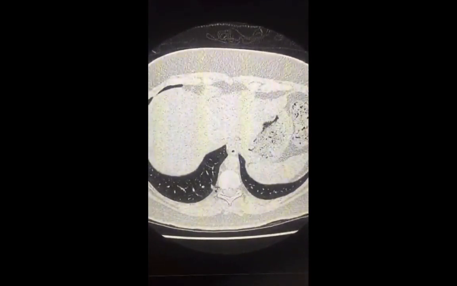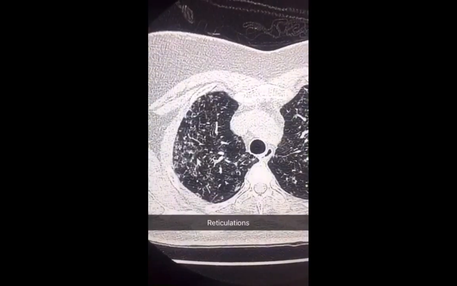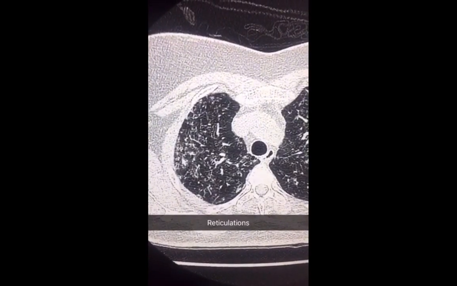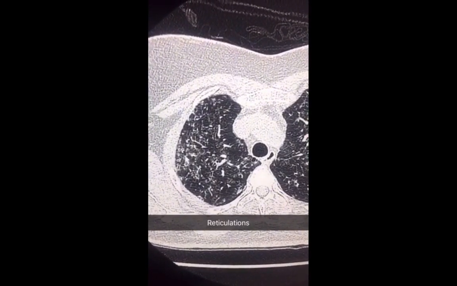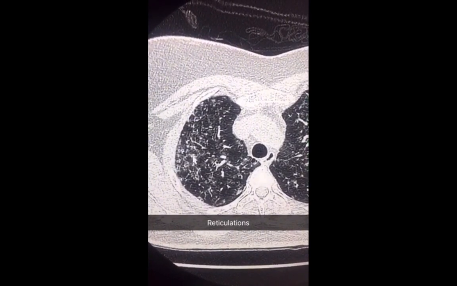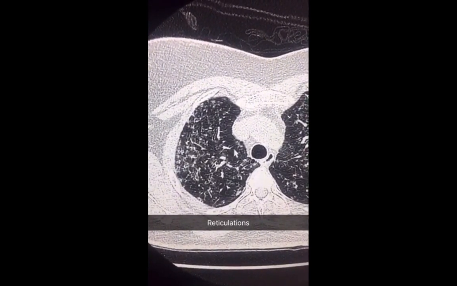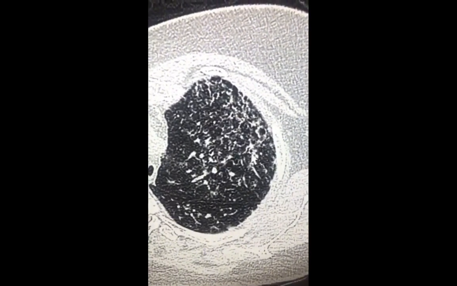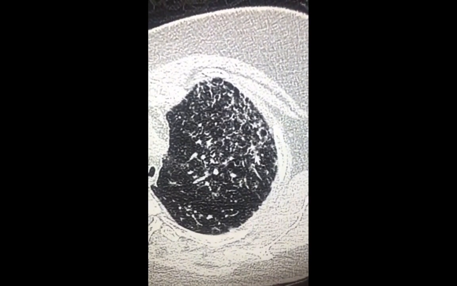Now let's try to dissect the findings. The first thing is that there are areas of irregular septal thickening, which is consistent with reticulation. Reticulation means fibrosis, and what supports that is the architectural distortion and the mild associated traction dilatation of the airways.